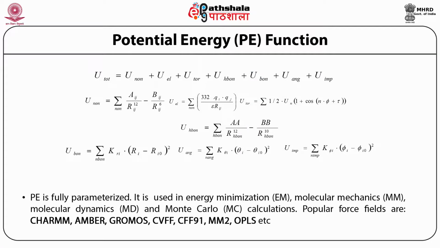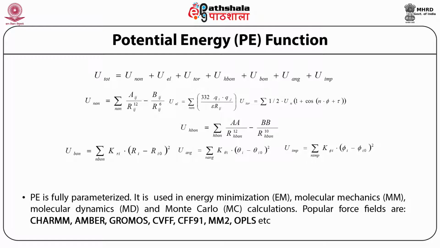So total potential energy is composed of various components: non-bonded, U non, electrostatic, U electrostatic, torsional, U tor, H bonding, bond stretching, bond angle, and improper angle deformation. These are composed of various terms.